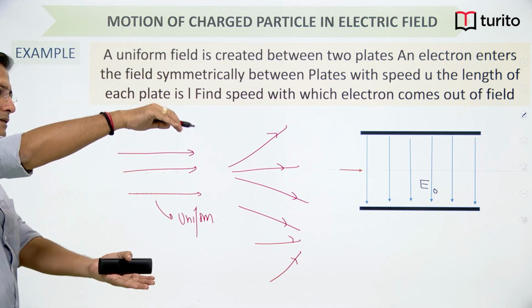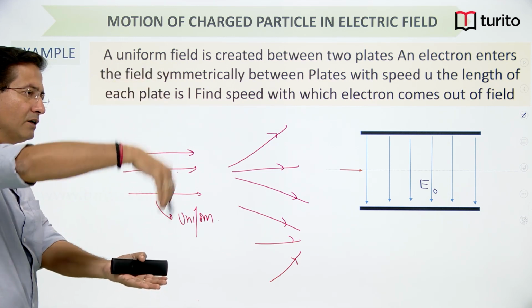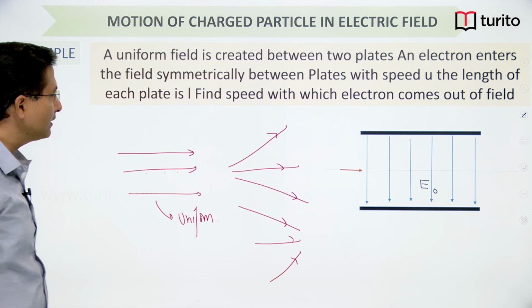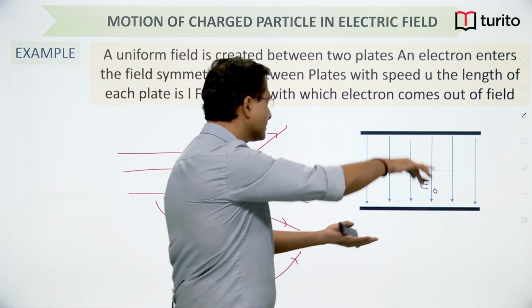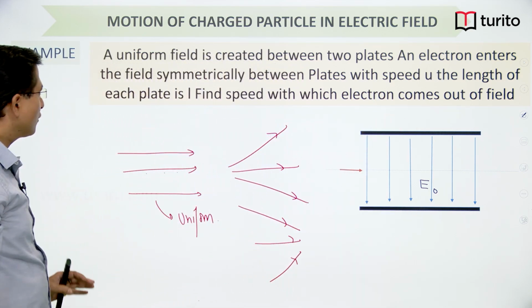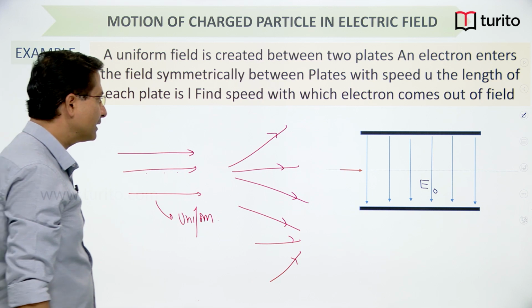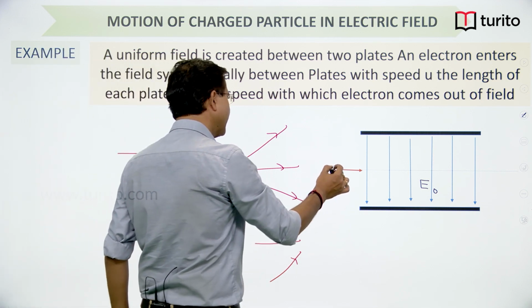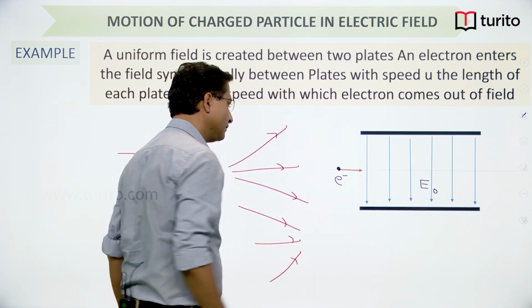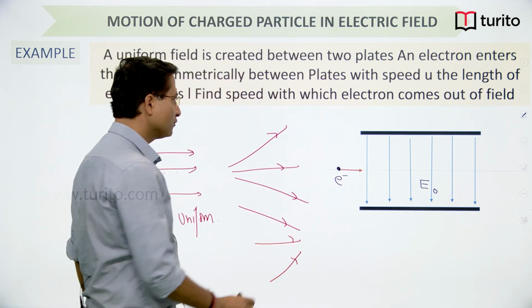Between the two plates there is a uniform field in the vertically downward direction. We need not consider the effect of gravity, the only field in the space is the electric field. Now, what we are doing, we are projecting an electron into the field with velocity u.